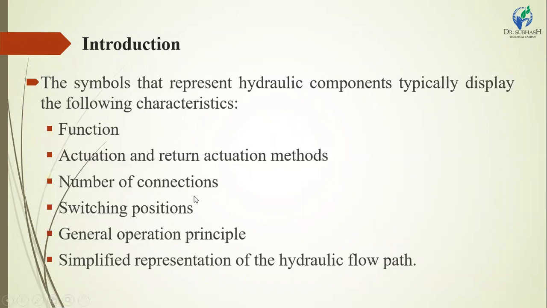This is also part of the introduction to hydraulic symbols. The symbol that represents a hydraulic component typically displays the following characteristics. Function: what is the function of the hydraulic symbol?